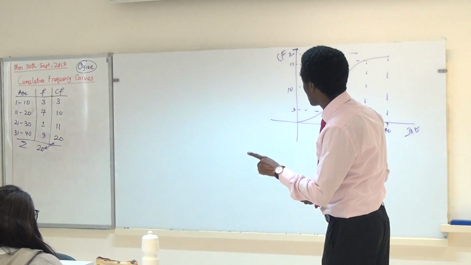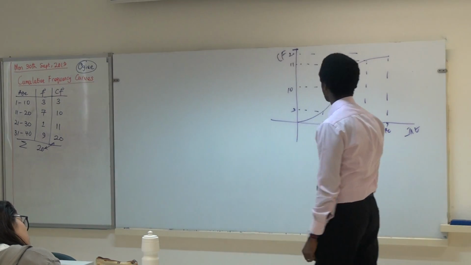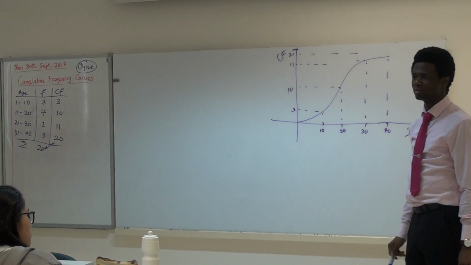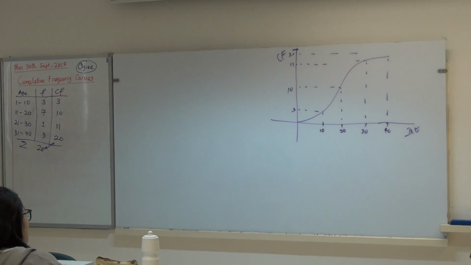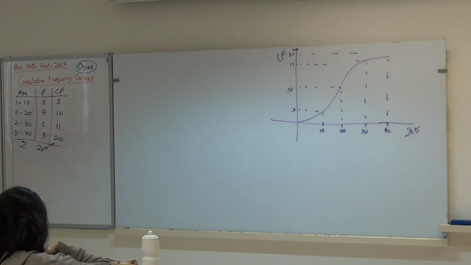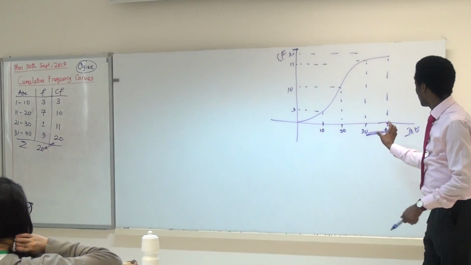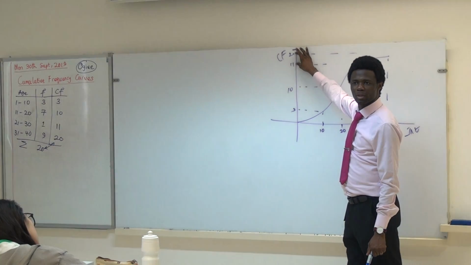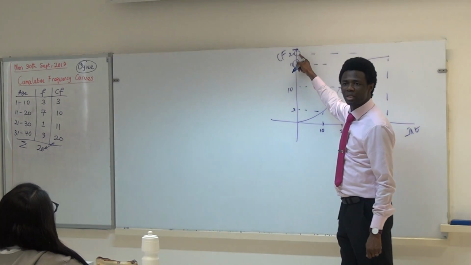So if you look at this curve, maybe this is age, right? Age range. And the question is, how many people are more than 30 years? So I'm asking you from here to here, so indirectly, I'm asking you the gap here. You have to be careful that you have to actually subtract.